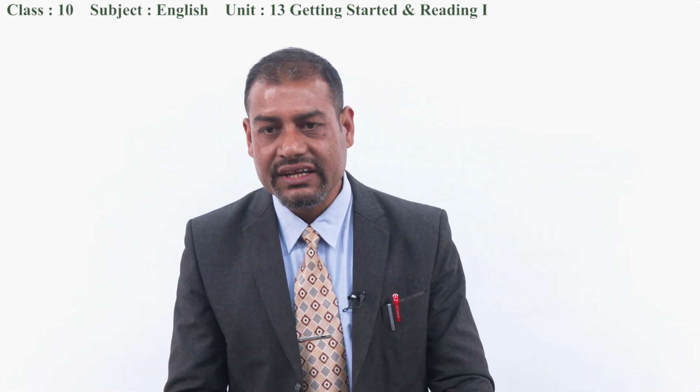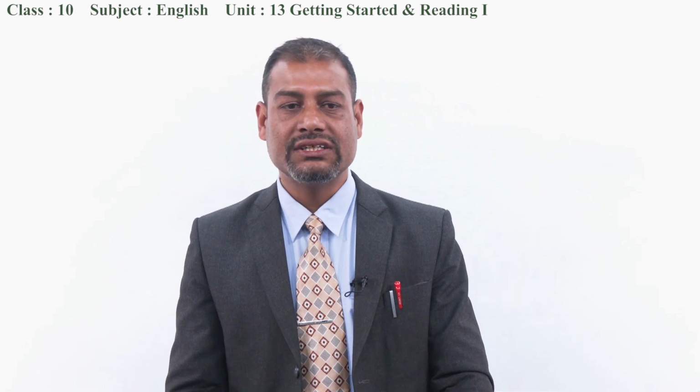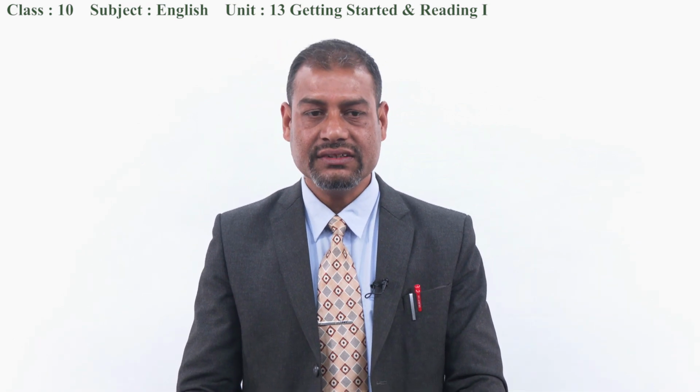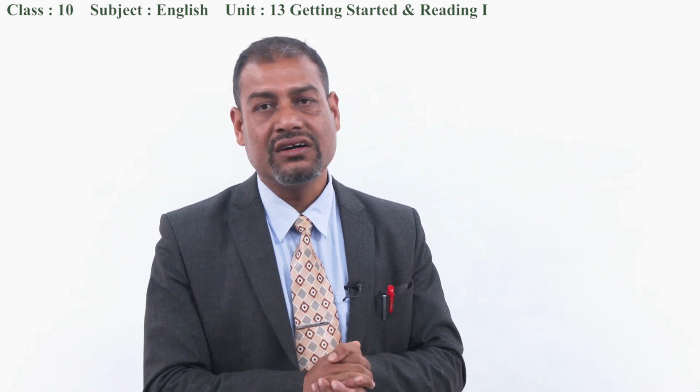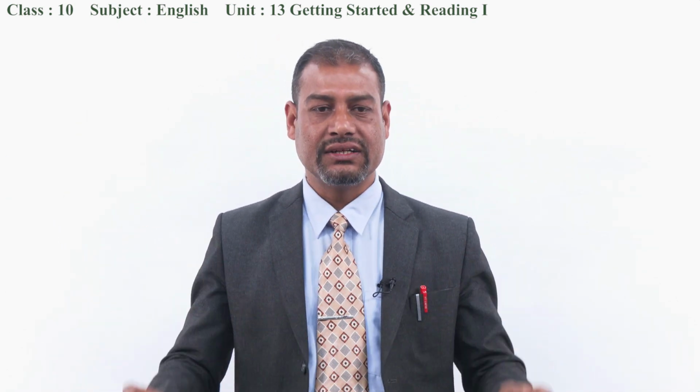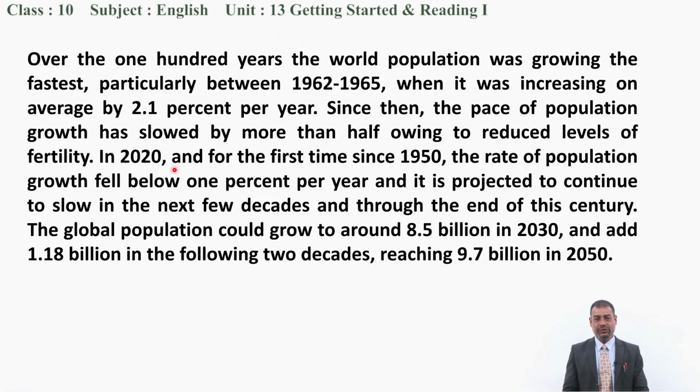Yes, you are right again. See, reduced levels of fertility. Okay, do you know the meaning of fertility? The ability of delivering the child. Now, in 2020 and for the first time since 1950, the rate of population growth fell below 1% per year. See the data. Then the population was not growing.